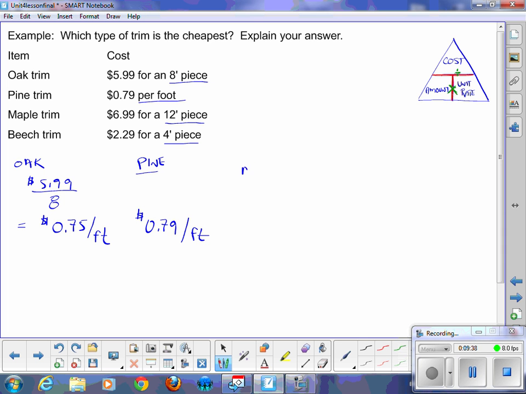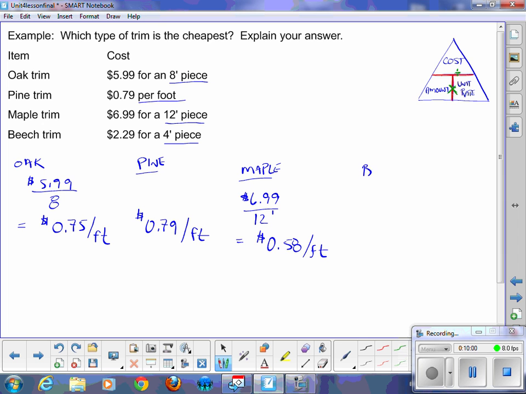Maple. Sorry, the maple is $6.99 for a 12-foot piece. So that translates to 58 cents roughly, 58 cents per foot.